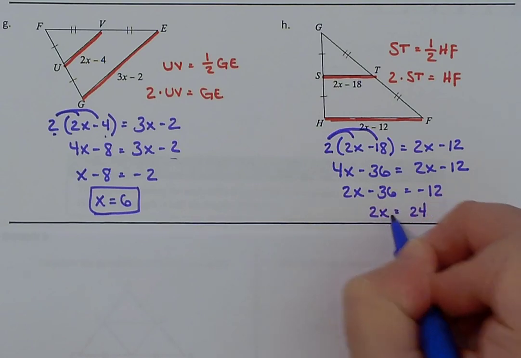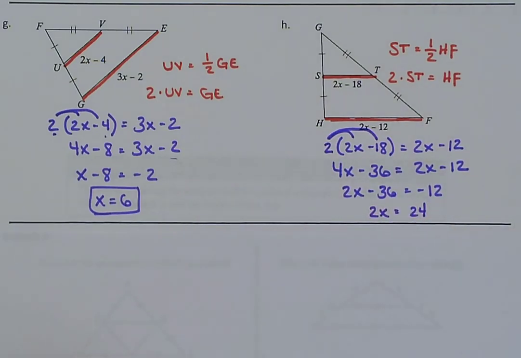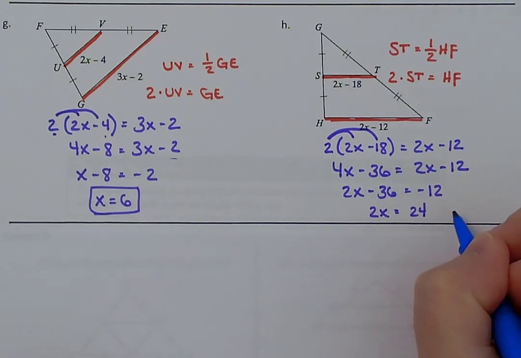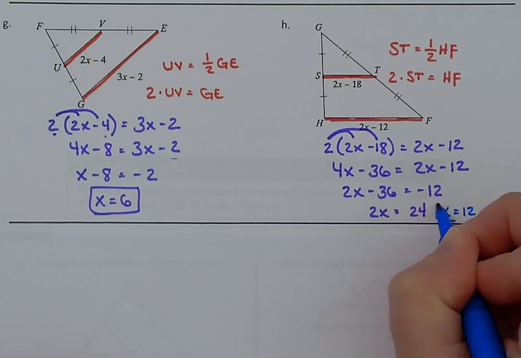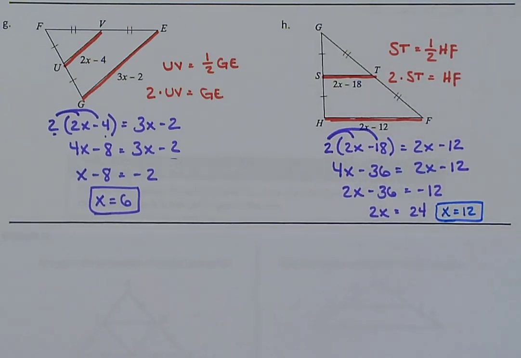So I have 2x equals 24. And if I were to divide 24 by 2, I would get x to equal 12. So in this case, related to the midsegment, for H, I know that x equals 12.